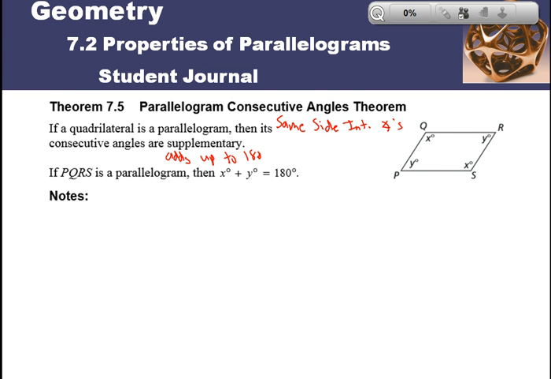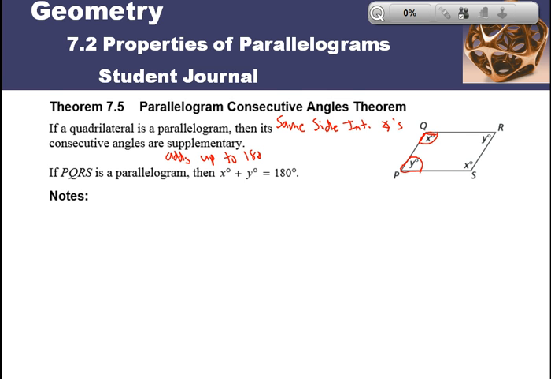So if you look at this, angle Q or angle X, so these two angles right here, are next to each other. So we know opposite angles are across from each other, and same side or consecutive angles are next to each other. And we learned that opposite angles were equal, but consecutive angles add up to 180. So that gives me x plus y equals 180.